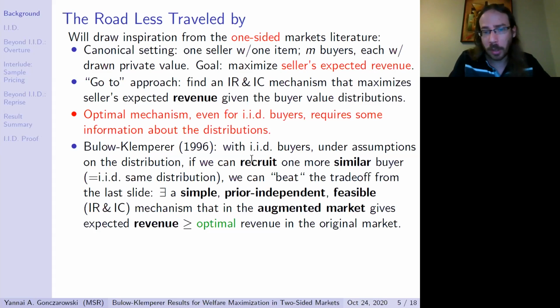And this is quite remarkable. You add just one more buyer, regardless of how many buyers you had to begin with, and you completely beat the trade-off. You get the best of all worlds.